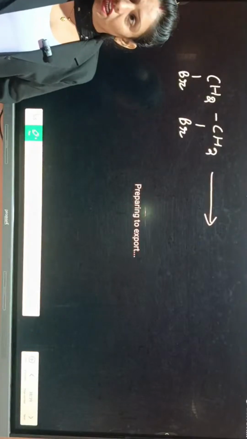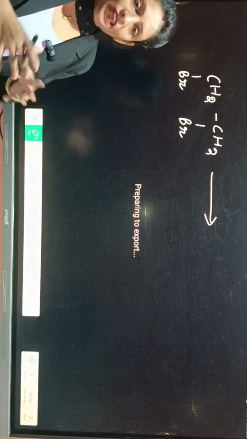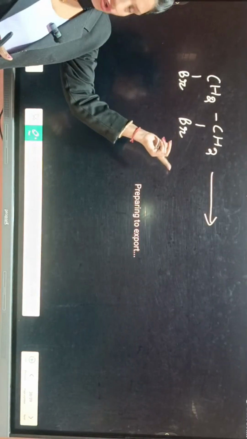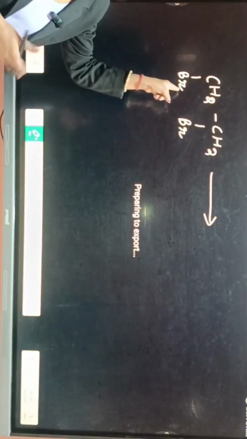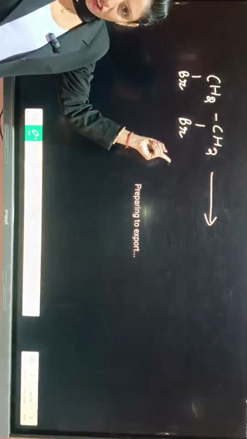In the same way as in alkyl halide we removed hydrogen and halogen, here we are having halide groups, so from here we will remove Br, and from here also Br.